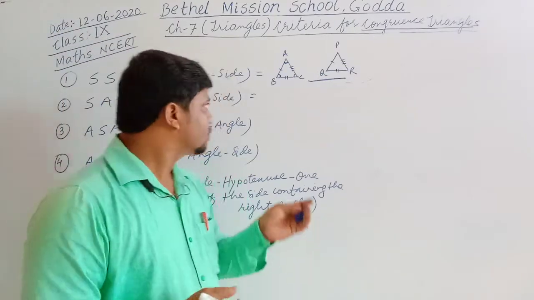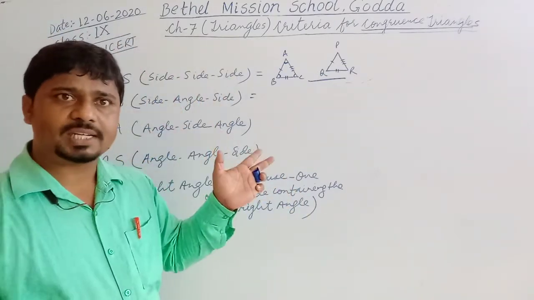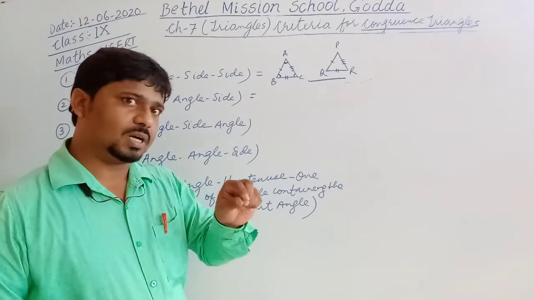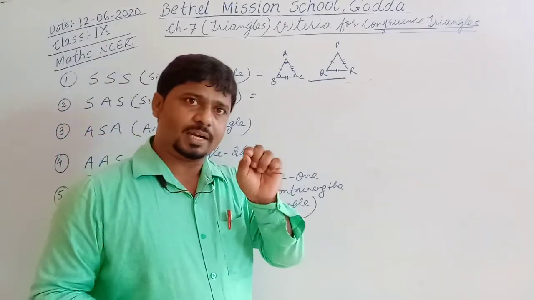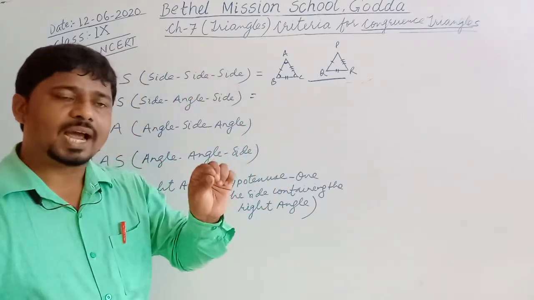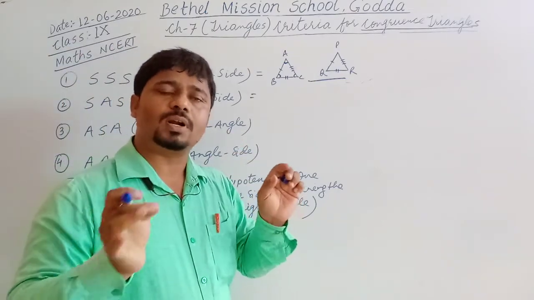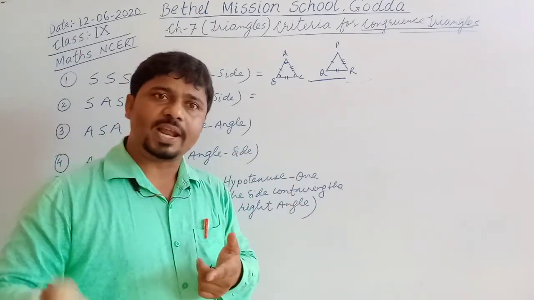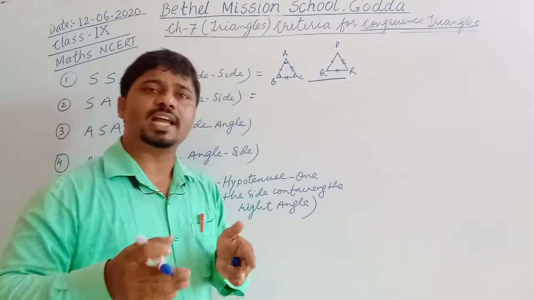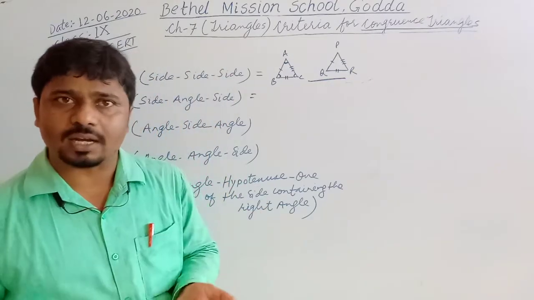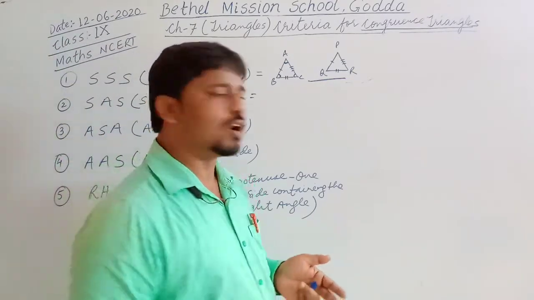Once again, remember I use the word included: two sides and included angle of one triangle are correspondingly equal to two sides and included angle of another triangle, then the two triangles are congruent.